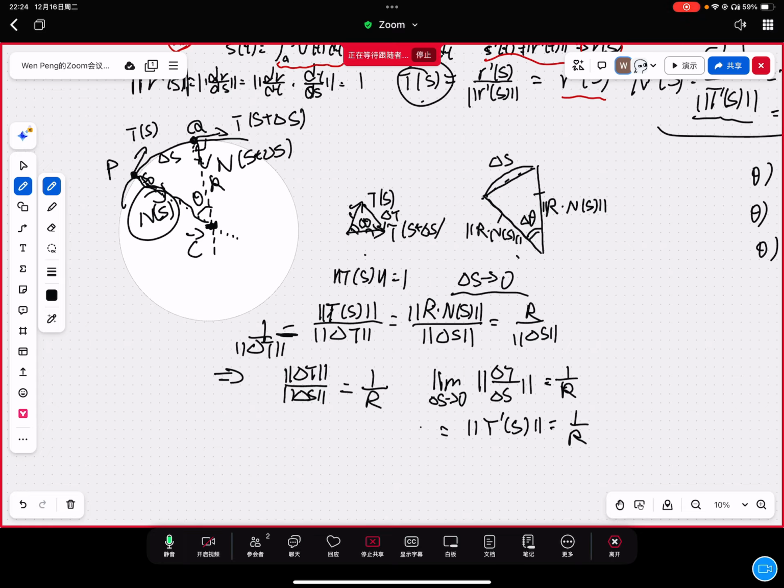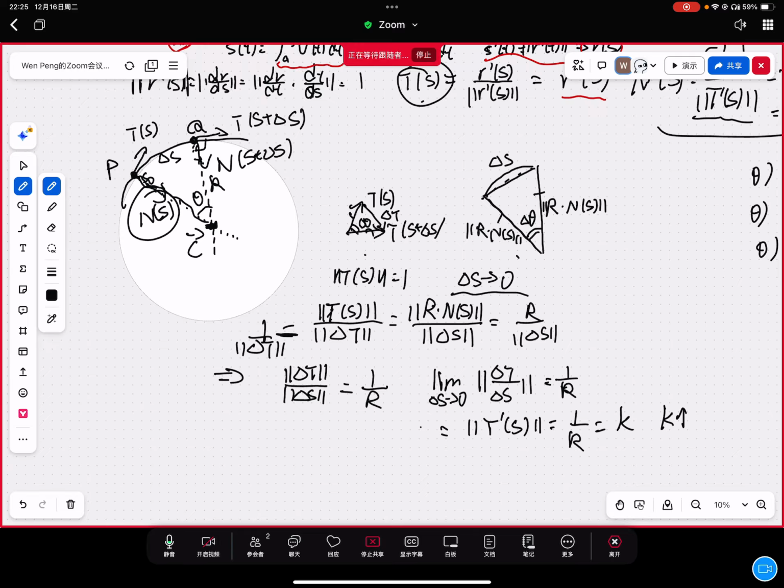Because we don't want a variable to be on the denominator, because if it doesn't curve at all, there will be no r, that is r equals infinity. And also if it curves so much, r might become 0. So we don't want that to happen. We actually define 1 over r equals k, the curvature. Why?